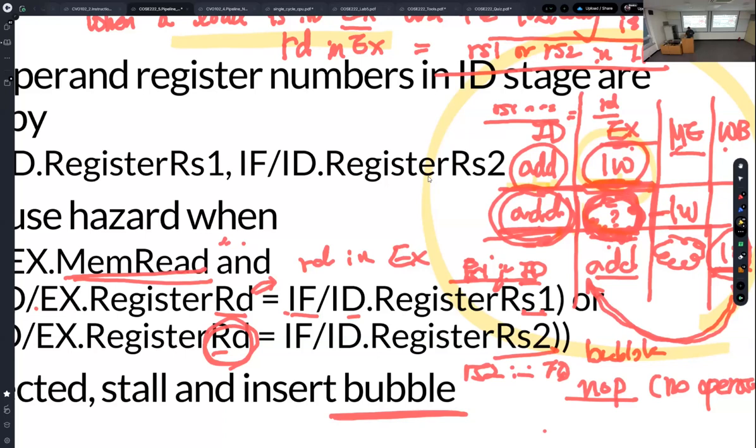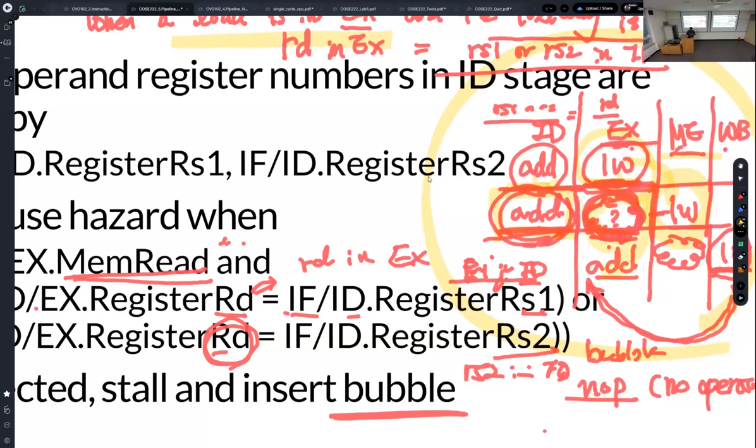So only the load instruction is propagated to the MEM stage, and the add instruction stays in the ID stage. This is called a pipeline stall.